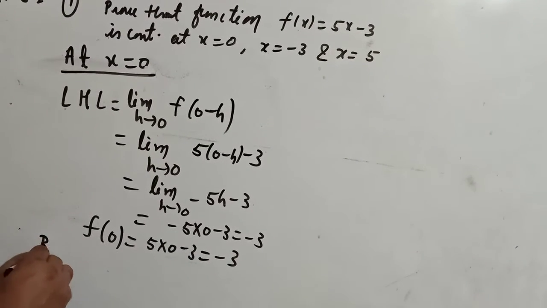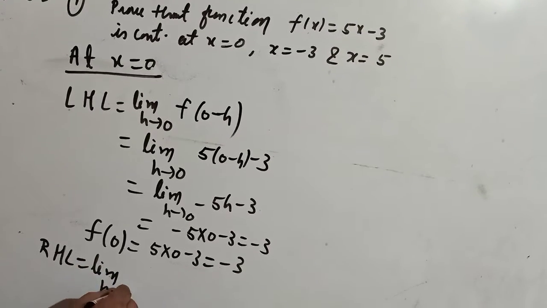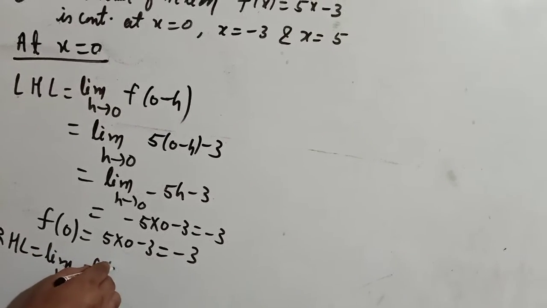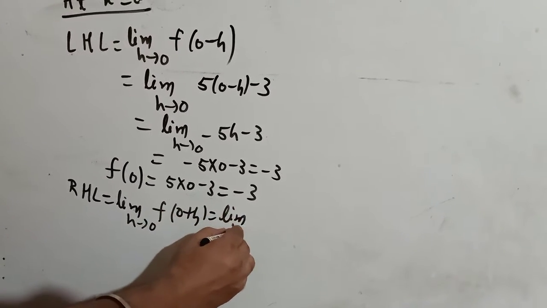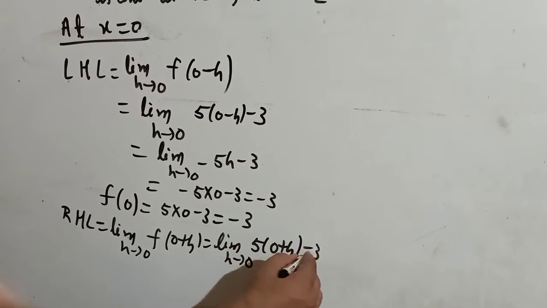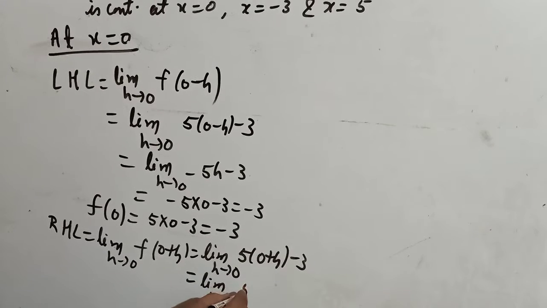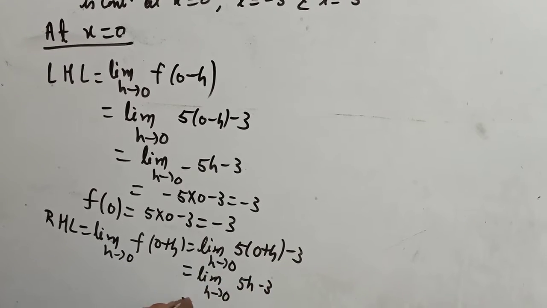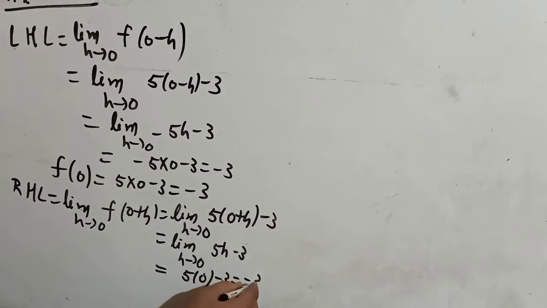Now we will find RHL, limit h tends to 0, f of 0 plus h. So this is limit h tends to 0, 5 times 0 plus h minus 3. So this is limit h tends to 0, 5h minus 3. If you substitute the value of h as 0, this becomes minus 3.